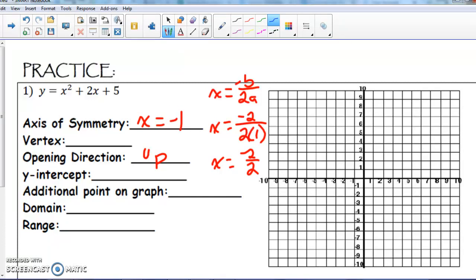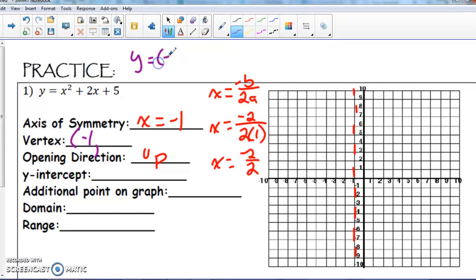Now, since I'm actually going to use this graph, I want to put that in there. So I want to construct that if the axis of symmetry is at x equals negative 1. That's an imaginary line, so I'm going to show that just as a dotted line at x equals negative 1. Okay, my vertex is an ordered pair. I know it's going to start out with negative 1, but it's got to be negative 1 something. So I'm going to go to the equation. I'm going to work up here, so I'm running out of room, and plug everything in.